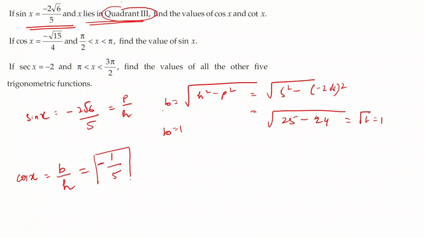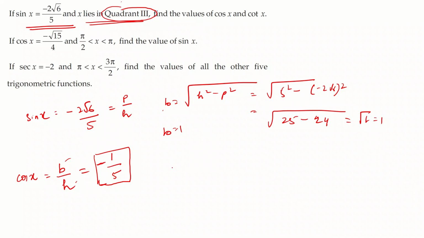This is how you determine whether the answer will be positive or negative. It is given that x lies in the third quadrant, and we know that in the third quadrant only tan is positive, cos and sine are both negative. So you put down the values of base and hypotenuse considering their positive values, and put down a negative sign because cos is negative in the third quadrant.